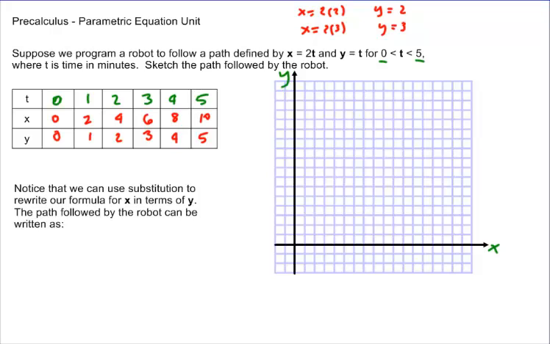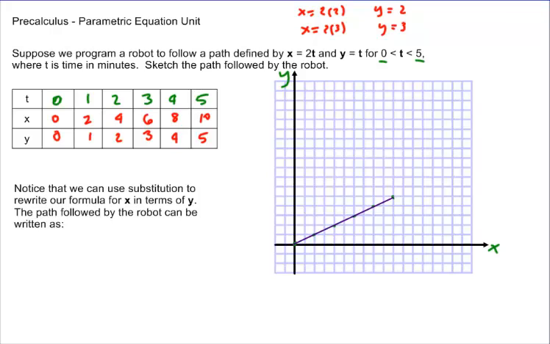So I go to the point 0, 0, then 2, 1, then 4, 2, 6, 3, 8, 4, and 10, 5. And when I connect these with a line, I start at 0 and I stop at my last point. I don't go past it because my restriction on t stops me at that point. So here's what my parametric equation looks like.